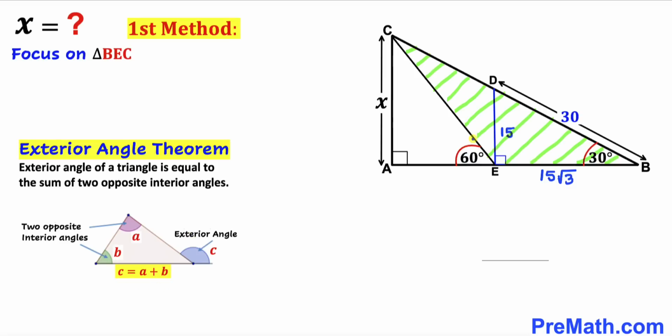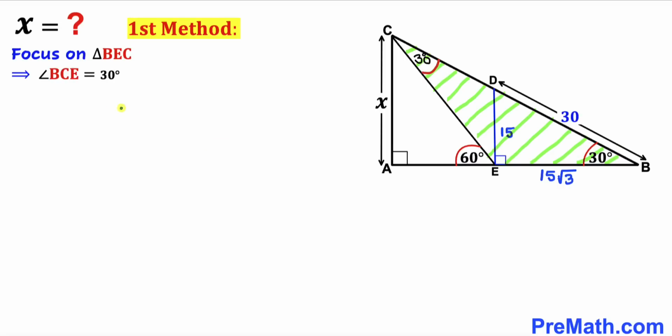Now we can see that this angle AEC is our exterior angle, and that is going to be equal to the sum of these two opposite interior angles. We know this angle is 30 degrees, so this angle is going to be 30 degrees as well. So angle BCE turns out to be 30 degrees.